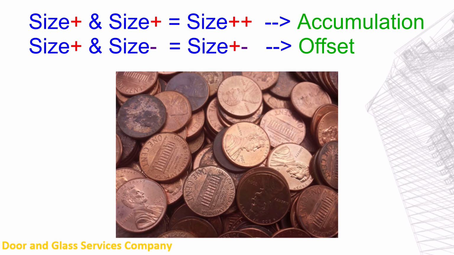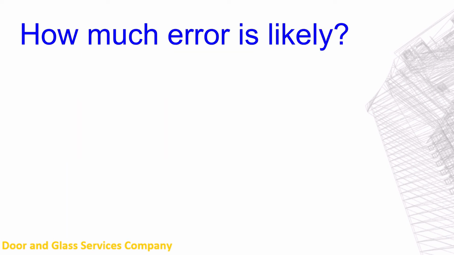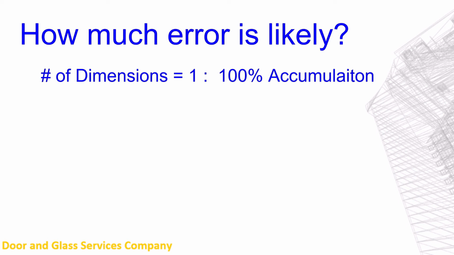Just like flipping a coin enough will lead to an even number of heads and tails results, when errors are equally likely to be more or less precise than the expected dimension, the total amount of error expected to accumulate in the result is 0. However, the probability of accumulating error is much higher when the number of dimensions is small.